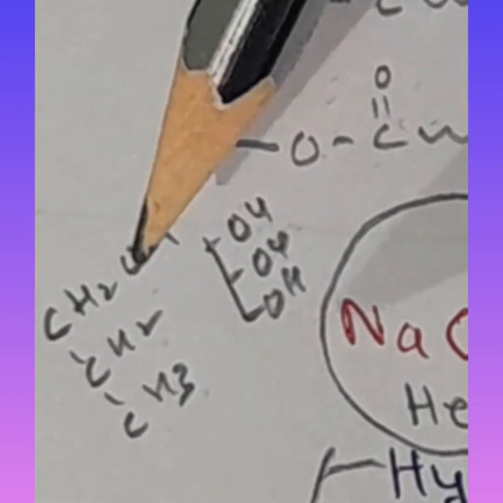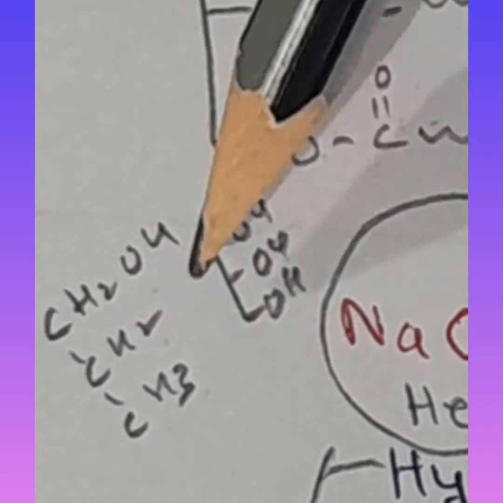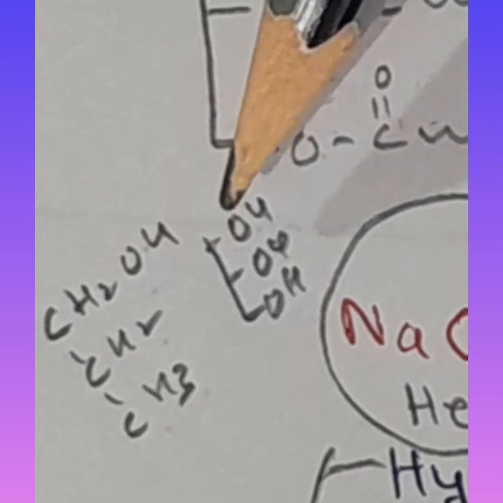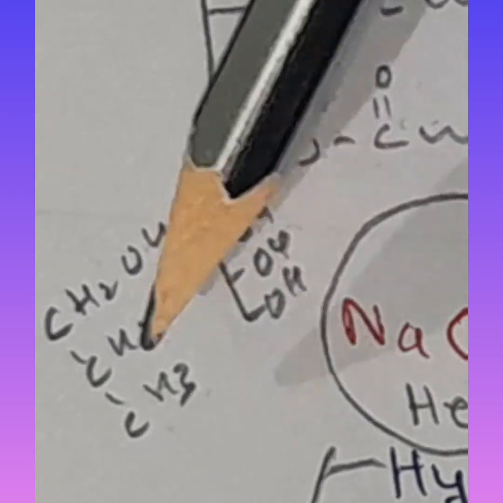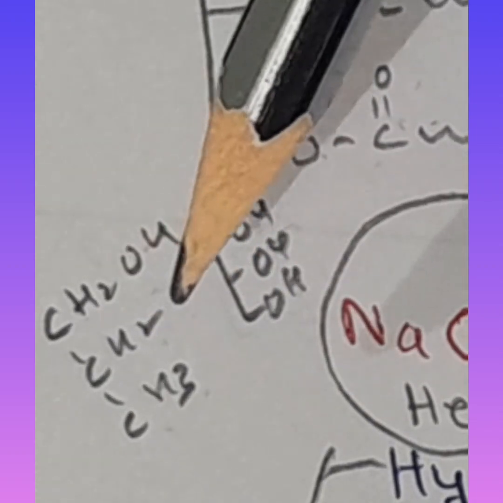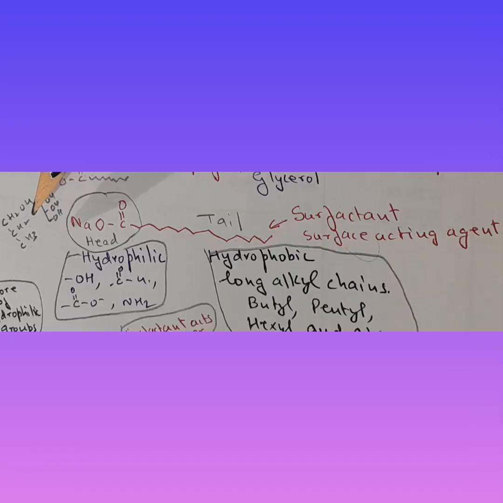Both are 3-carbon molecules, but propanol has only one hydroxyl, which is hydrophilic, whereas glycerol has three hydroxyls. So obviously we expect glycerol to be more hydrophilic than propanol. Now, just to understand this, we have to understand a scale, which is the HLB scale.